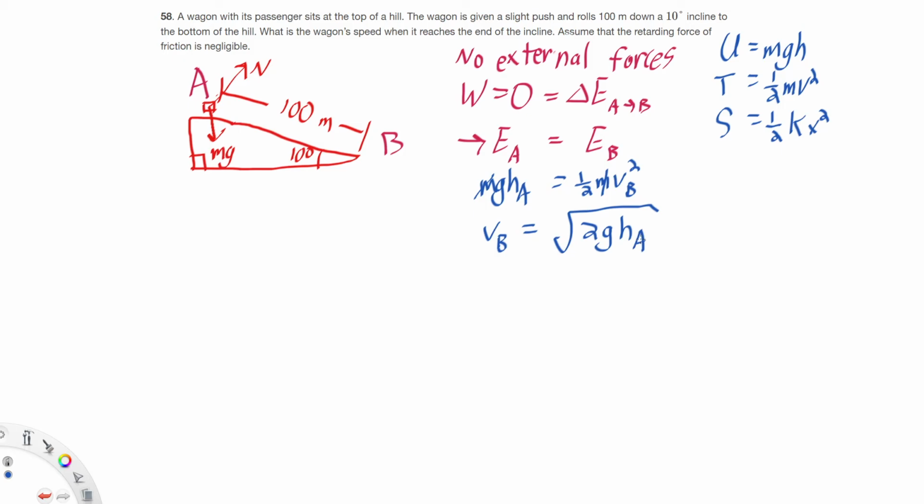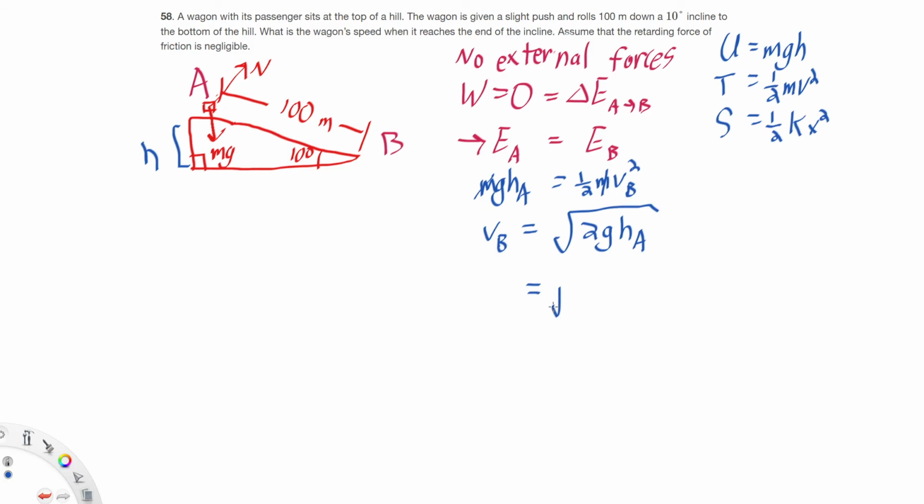So the only thing left to do is just calculate what this height at A is. Right? But the problem was kind enough to give us both the length of the hypotenuse of this triangular hill and also the angle of elevation of the hill.